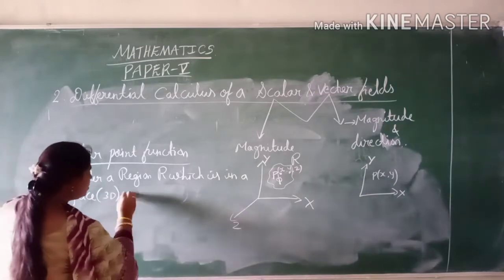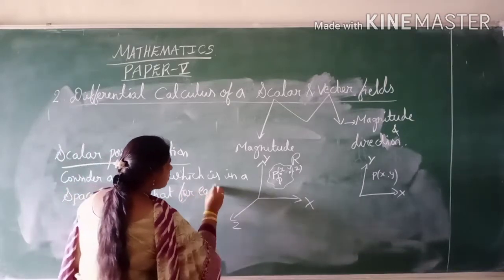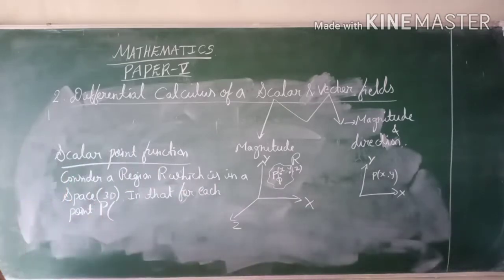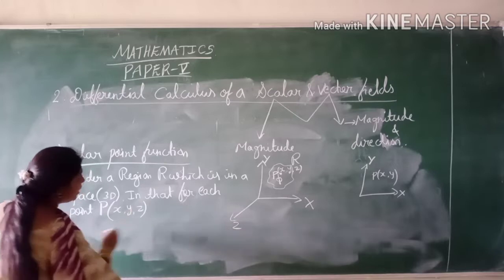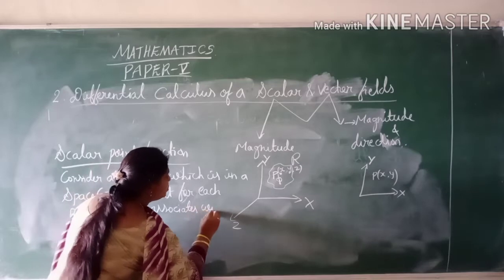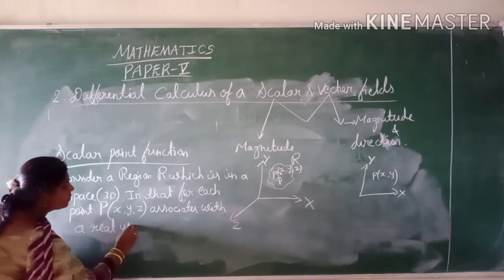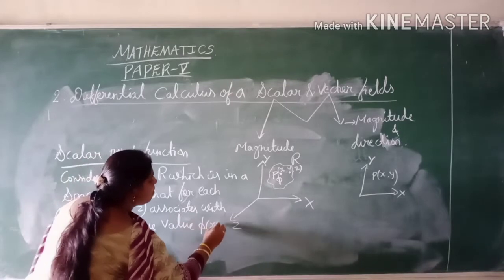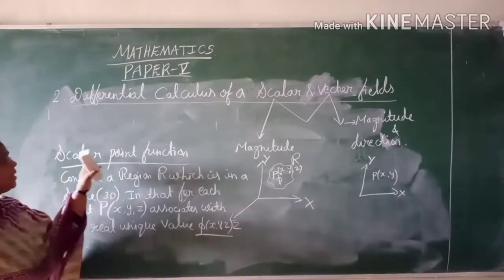Then in that region, each point P of x, y, z, points are always represented by capital letters, P of x, y, z, associates with a real unique value, that is phi of x, y, z. Then phi of x, y, z is called a scalar point function.